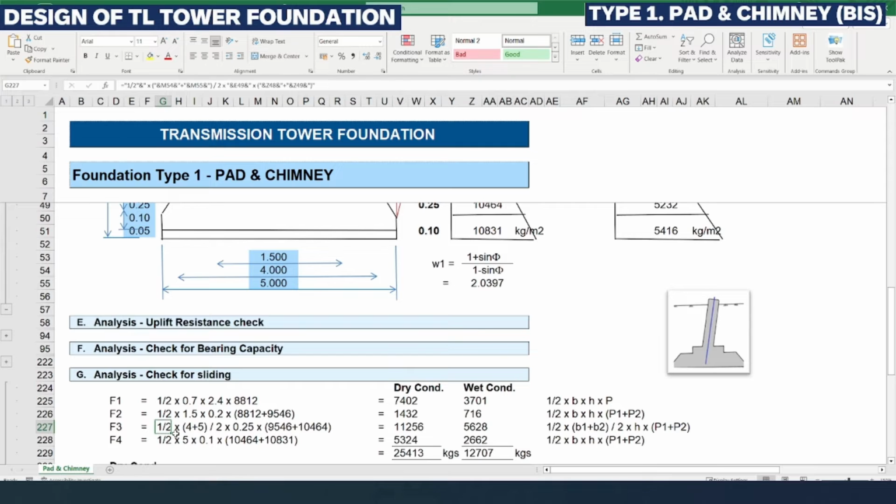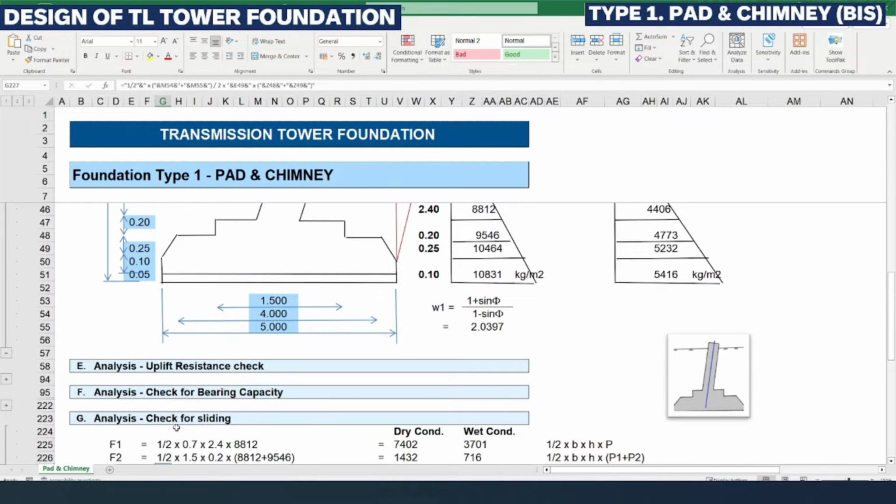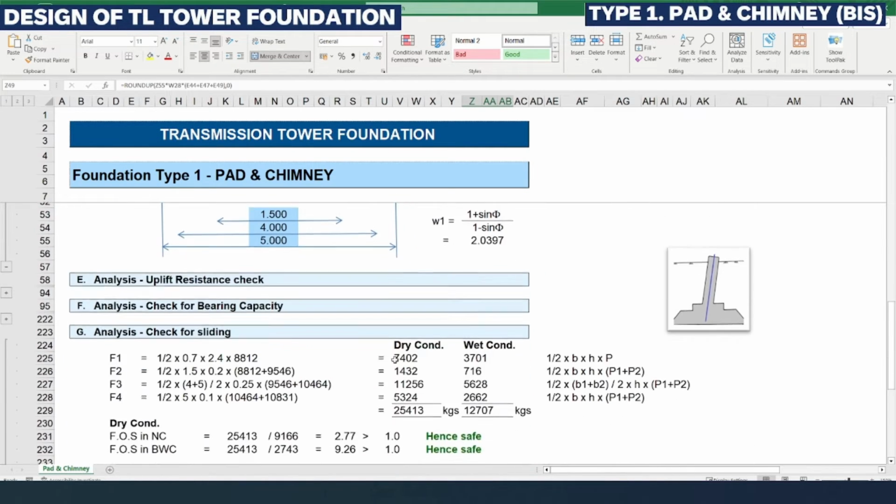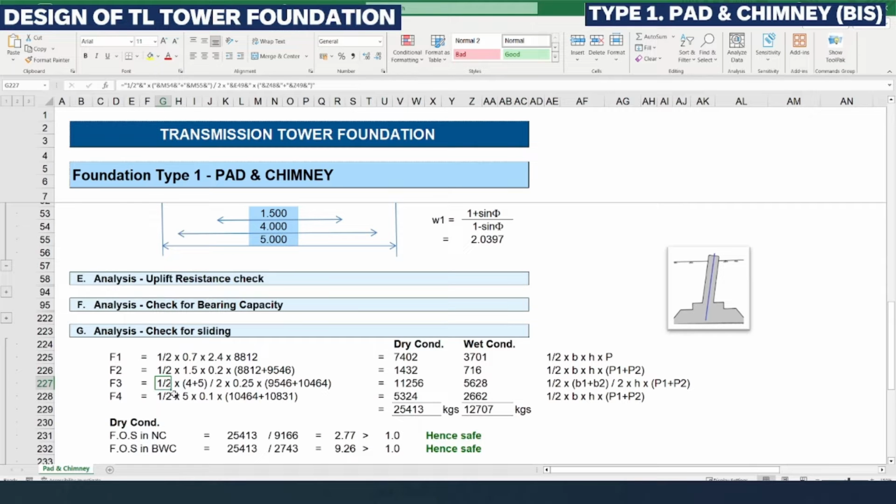Next F3 is, here in this case we are having an inclination or a triangle part or frustum here. So for this we need to take again the average of this top and bottom width and average of these two pressures, 10464 and 9546. So that is what is considered here.